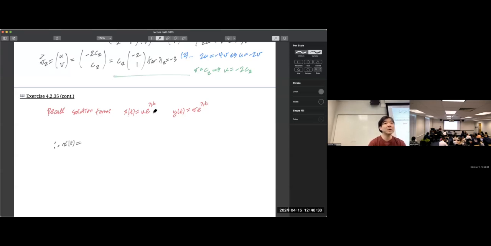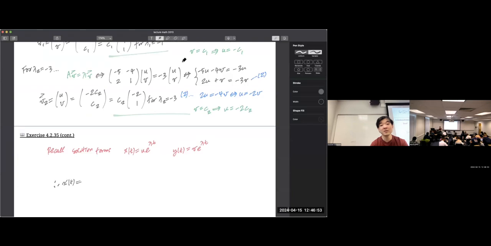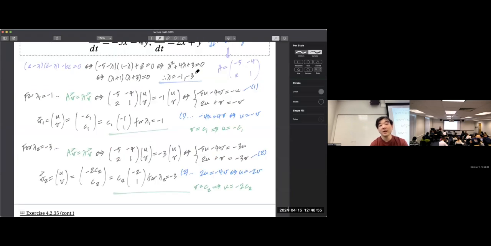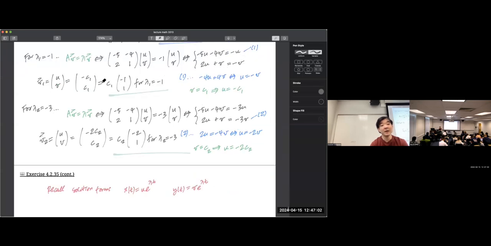But for distinct real, remember back then when we had two distinct real roots, we had one homogeneous solution and we added the other homogeneous solution, right? Same idea here. We have two distinct lambdas. For this one, one of them was -1 and the other one was -3. For -1, the u was equal to negative C1.